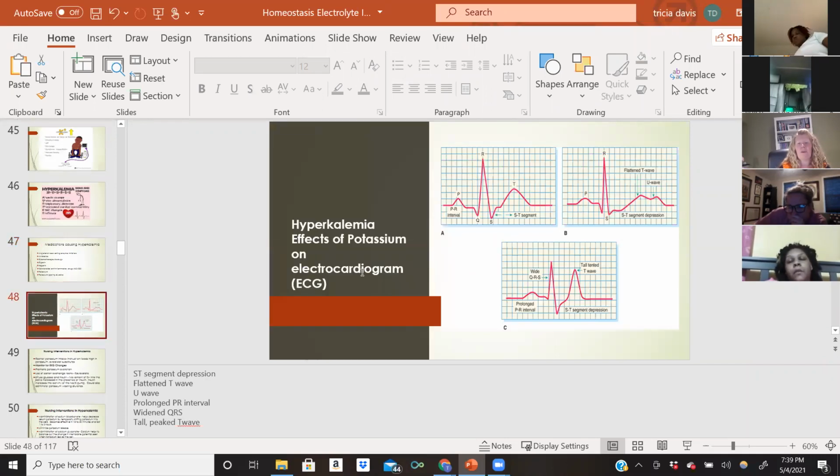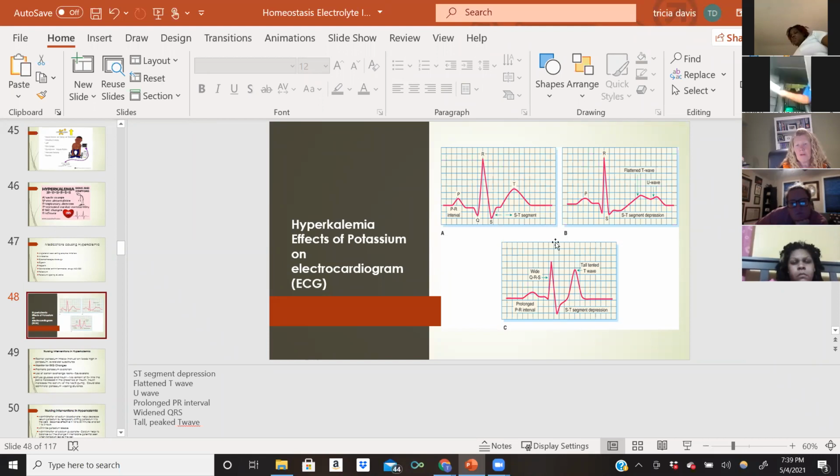All right, so these again are the effects of hyperkalemia on that electrocardiogram, or we call it an ECG. So we can see that ST depression. This would be an example of an ST depression. We can see this tented or tall T wave right here.